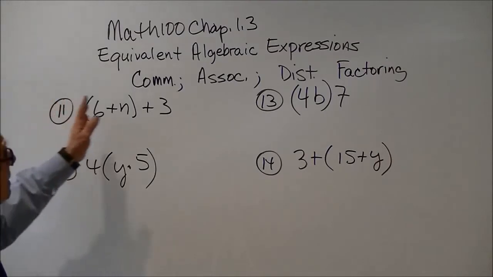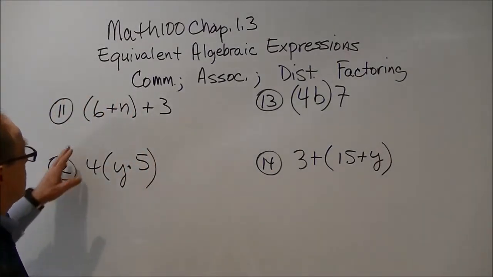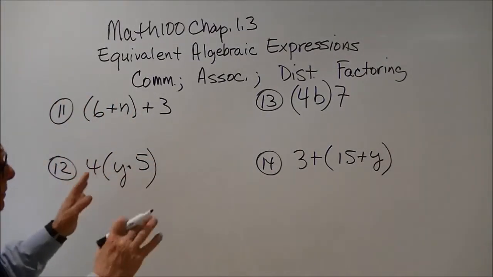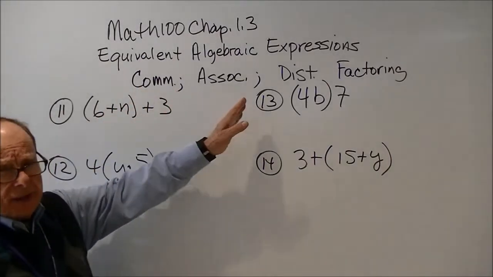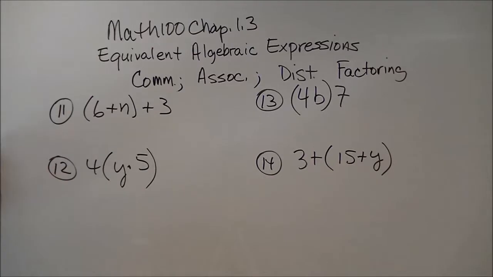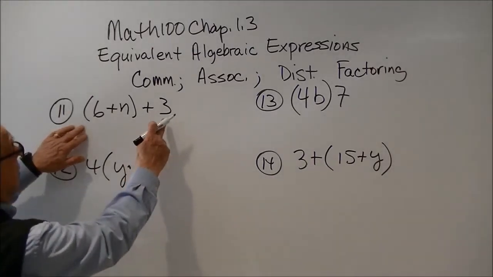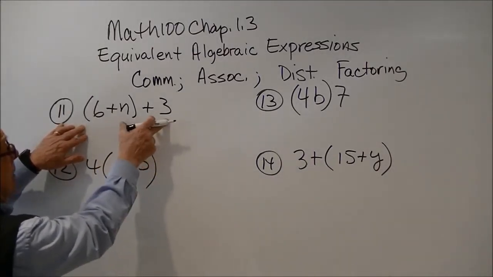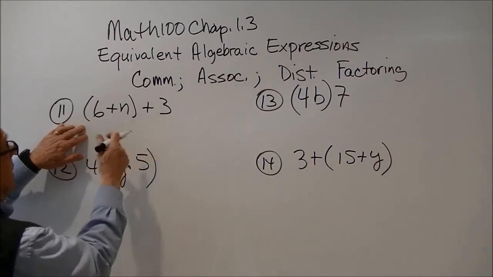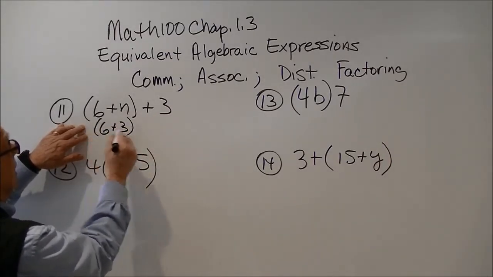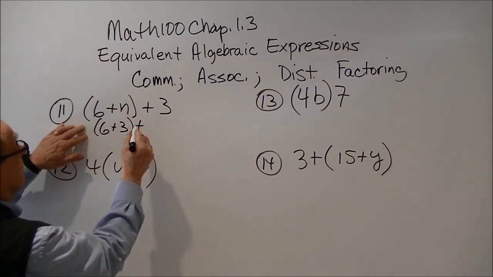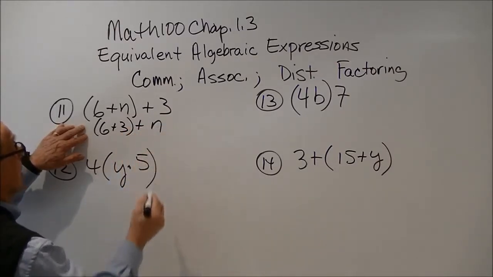Okay, in this next few examples, we're asked to sort of simplify, and keeping in mind these basic laws that we're using. So for this one, we could switch the 3 and the n around. Then that would give us 6 plus 3 plus n.